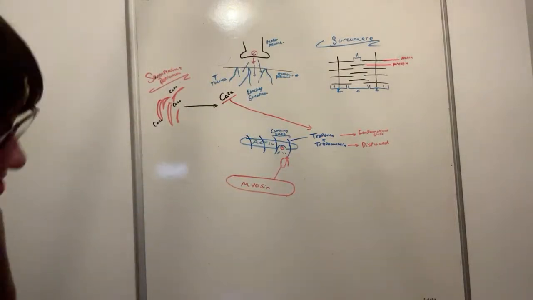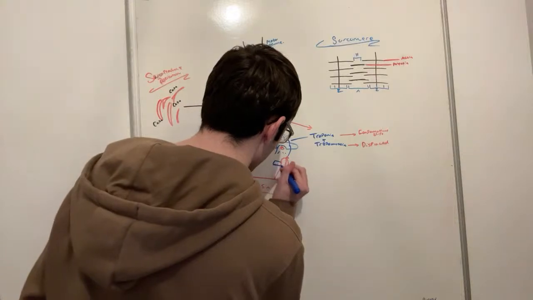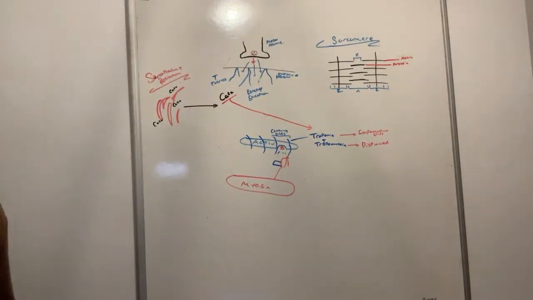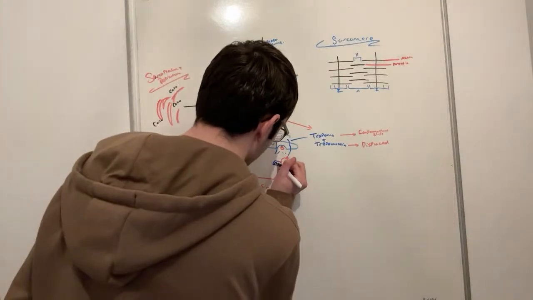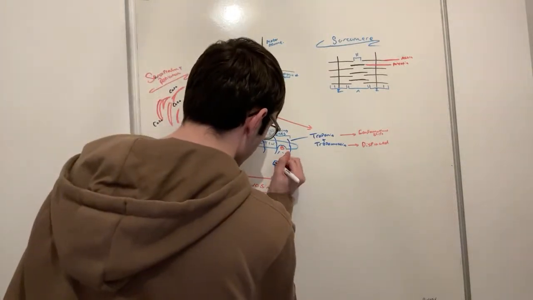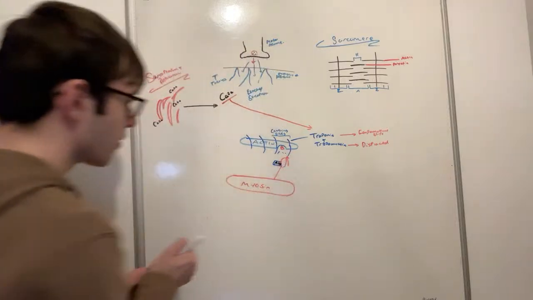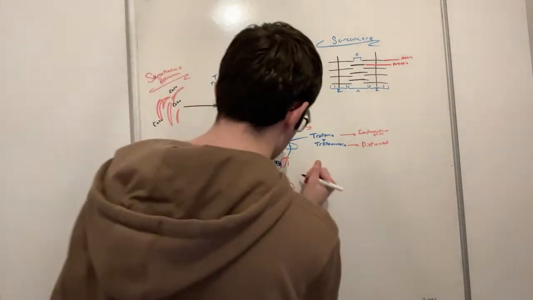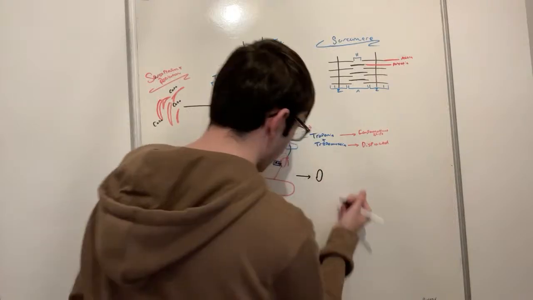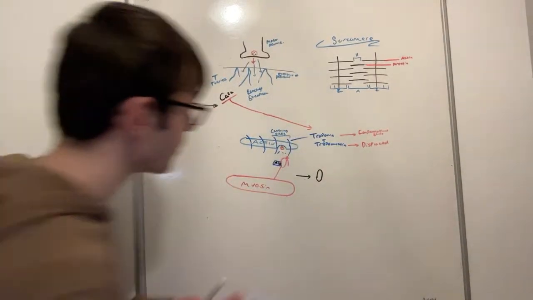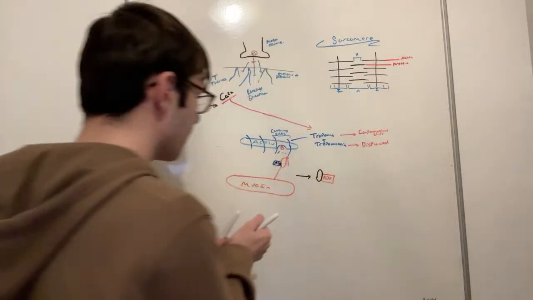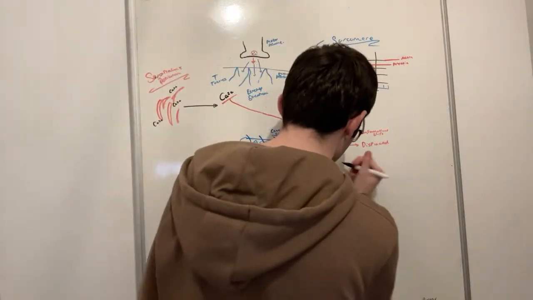Now, this is where it's important to note the importance of ATP and ADP. To begin with, the head is going to be bound to ADP, and that allows it to bind.